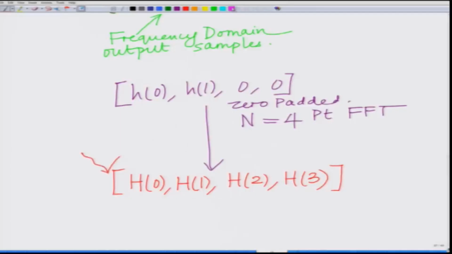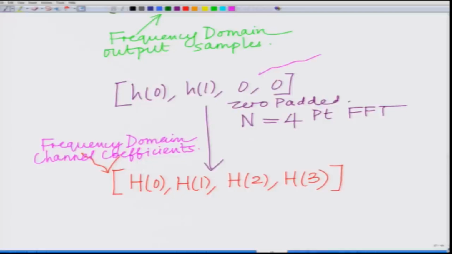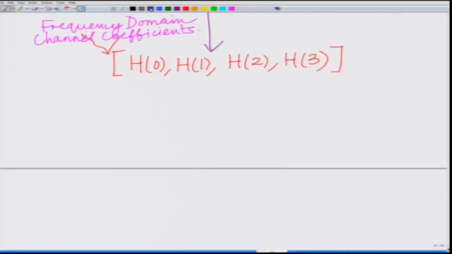These are your frequency domain channel coefficients. These are the time domain channel taps, that is something that we have already seen.